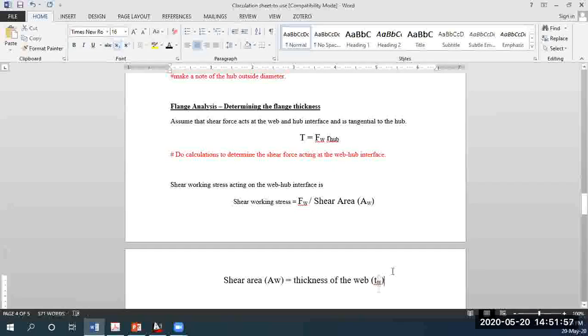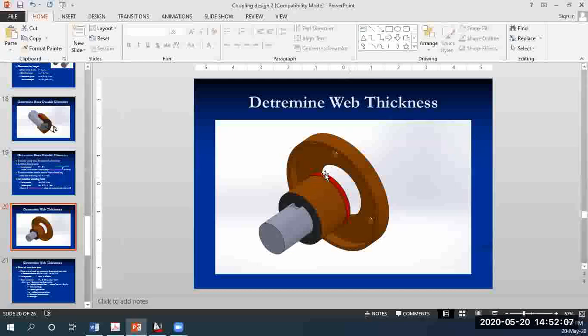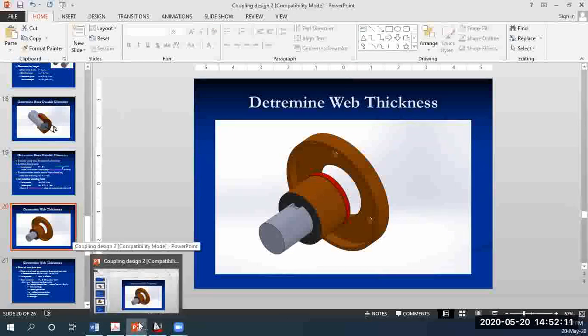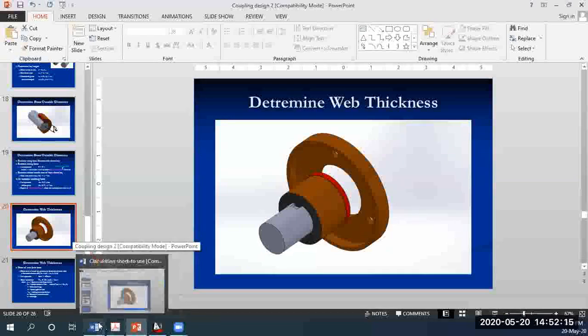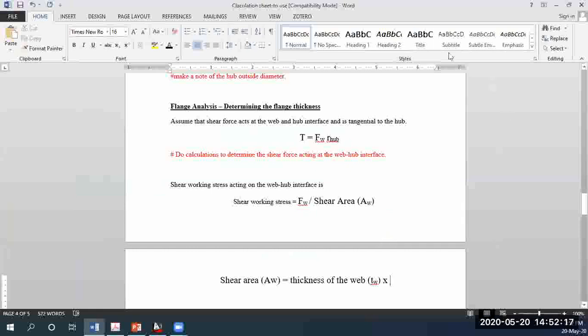Right, and multiply that by what? So the thickness part is fine here. How would you be able to find the circumference of this circle? Circumference will be equal to pi times what? Pi times diameter. Yes.